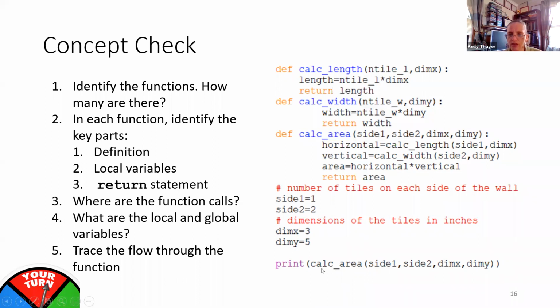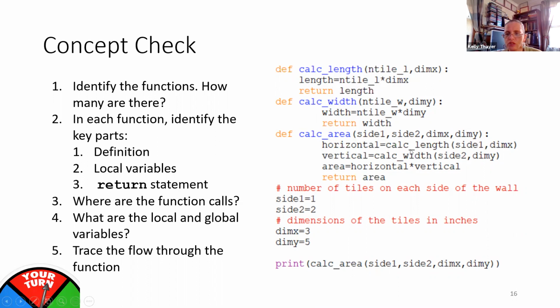So this is a calc area which calls this function here. Now notice that there is something interesting going on here: there is actually a function call inside of here. Calc length right here is another function call.